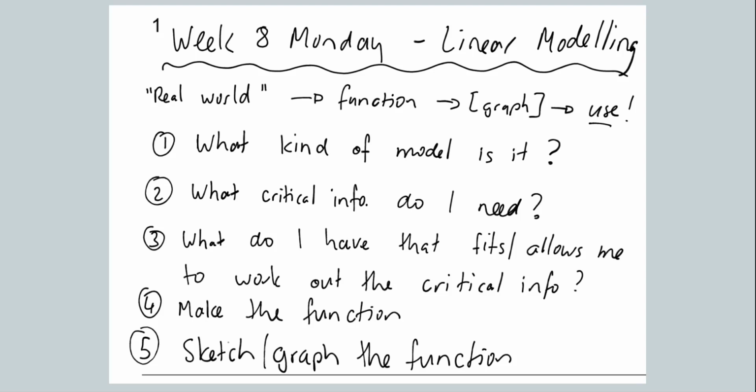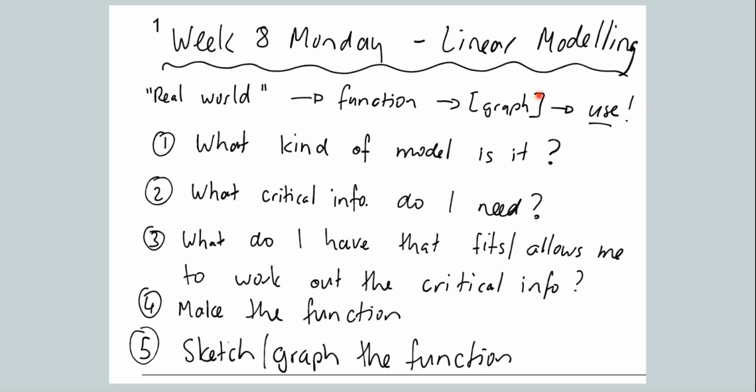Alternatively, you've got a scenario in mind and you then need to go about turning it into a function so you can use it. So you've got some sort of real world context, you turn it into a function. Once you've got a function, you can graph it, knowing that it's usually just an approximation of the real world. In maths, that approximation is given to you as very specific values and numbers.